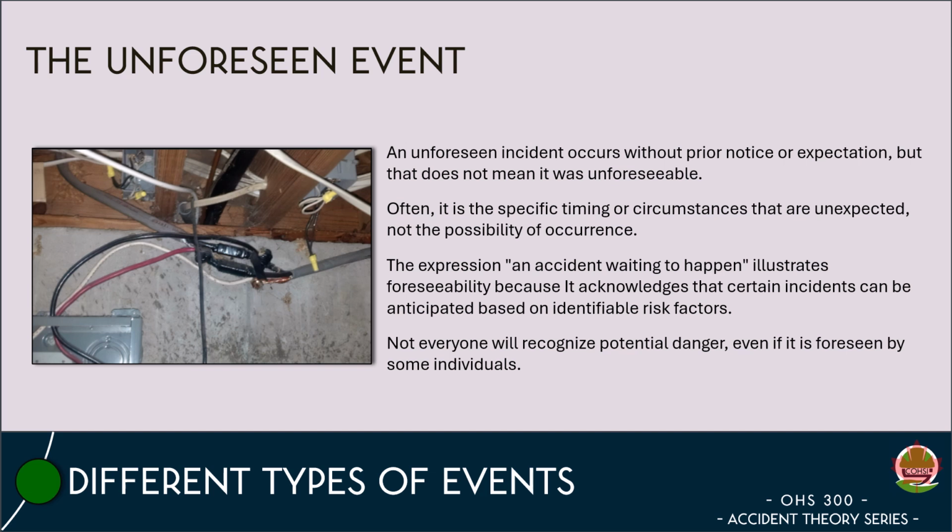An incident may be foreseen by some, such as supervisors or safety inspectors, but remain unnoticed by the individual who ultimately becomes involved in it. This highlights the importance of proactive measures, such as hazard identification, effective communication, and proper training, to ensure that foreseeable risks are recognized and mitigated before they lead to unforeseen incidents.